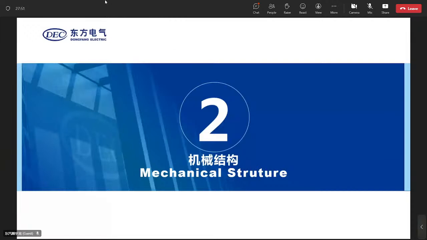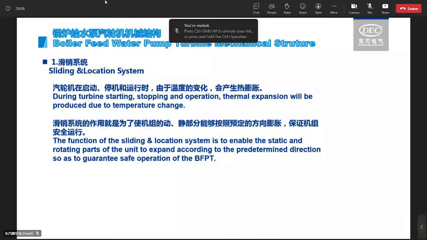The function of the sliding and location system is to enable the stationary parts and the rotating parts of the unit to expand in the predetermined direction, to guarantee safe operation.